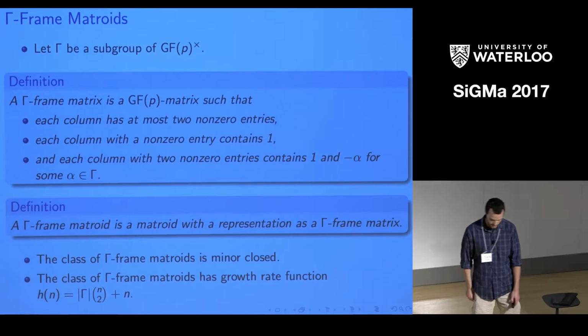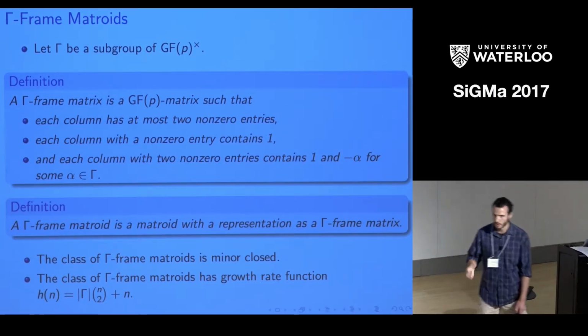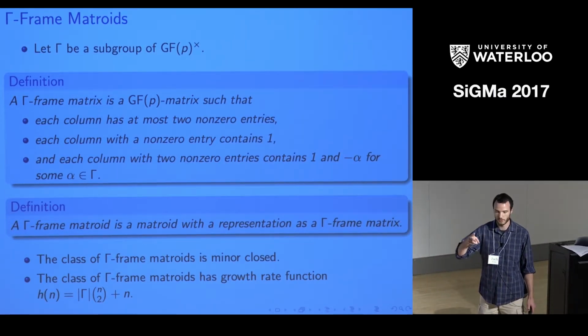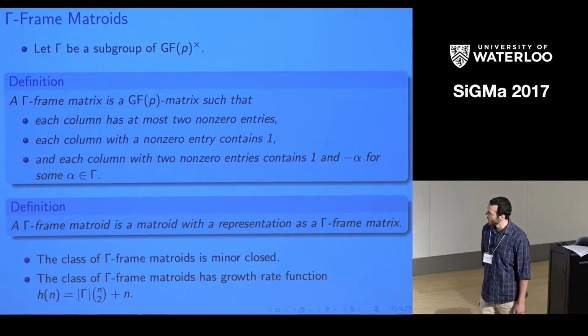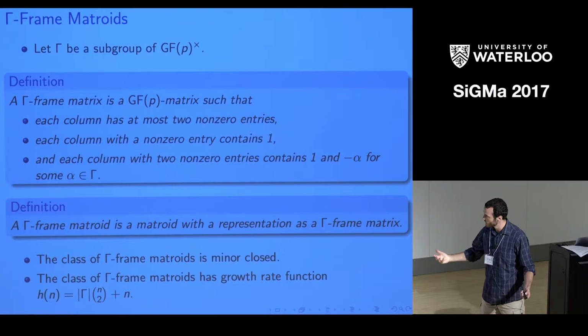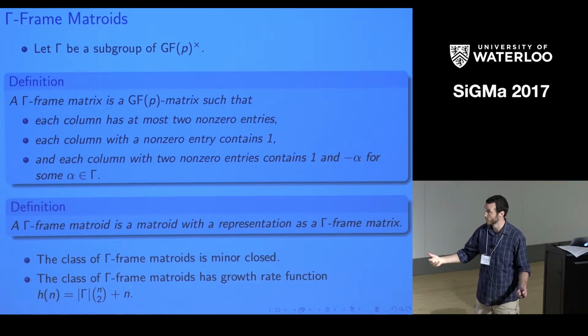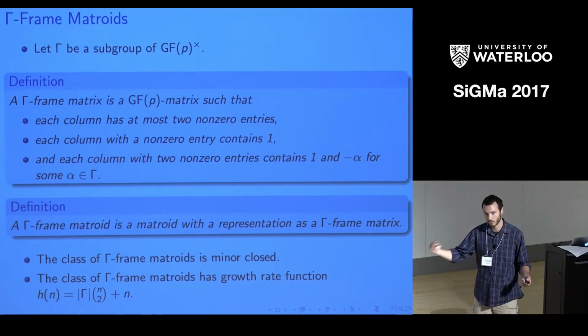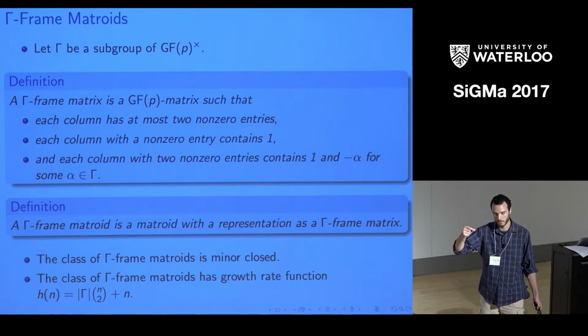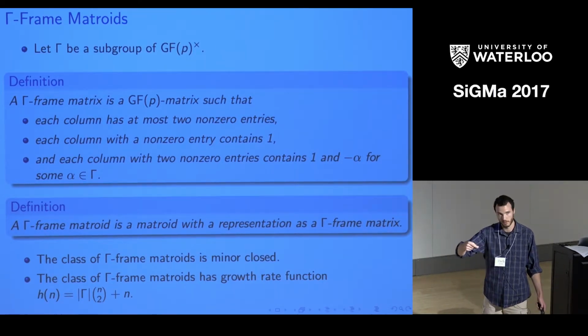And if we have a column with 2 non-zero entries, there's n choose 2 choices for the rows for those entries. And since we want to make sure that no 2 columns are parallel, we'll say that the top entry is 1, and then there's |gamma| choices for the other entry.